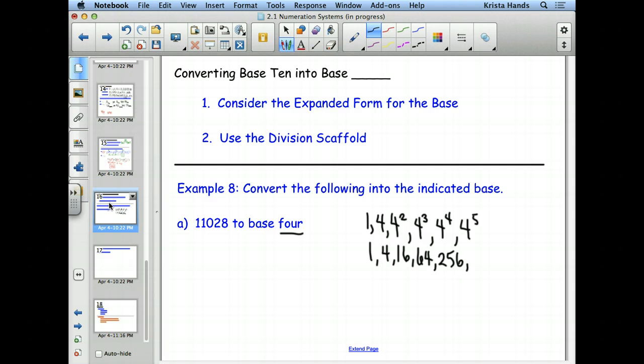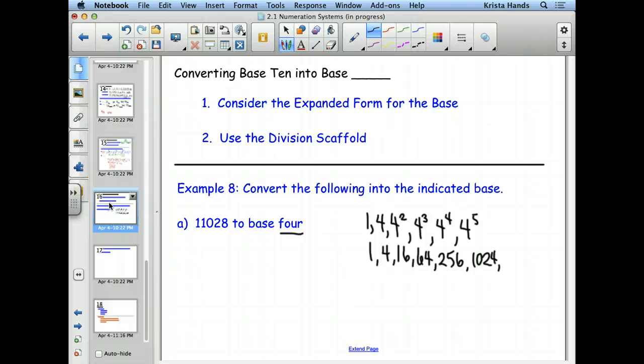Guys have a calculator for that one? 1,024. I'm not going to put a comma there because now it's going to look like it's another number. So 1024. We just multiply by 4 to get the next one. Everybody's following that? Just multiplying by 4. This is actually a geometric sequence.